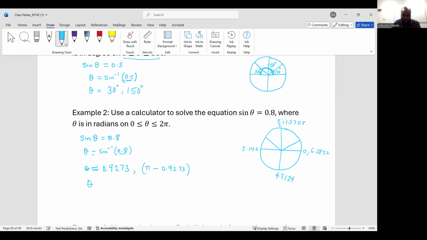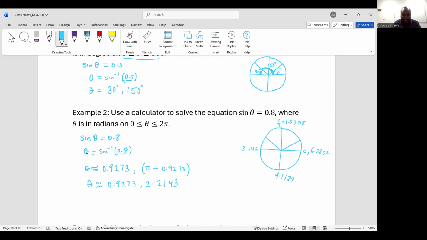So the solutions are 0.9273 and pi minus 0.9273, which is 2.2143.